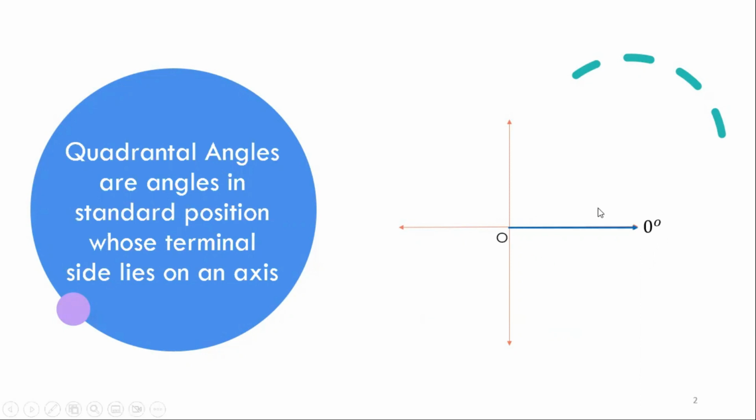The terminal side lies on an axis, which is the positive x-axis. Next is the 90-degree angle. Next is the 180-degree angle. Then the 270-degree angle, and then the 360-degree angle.